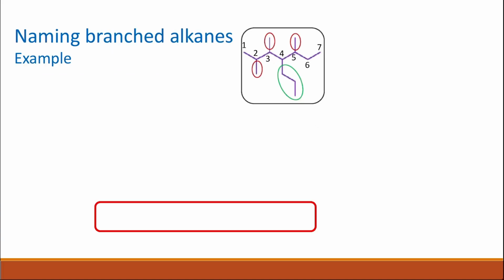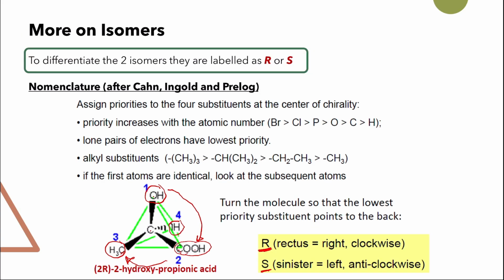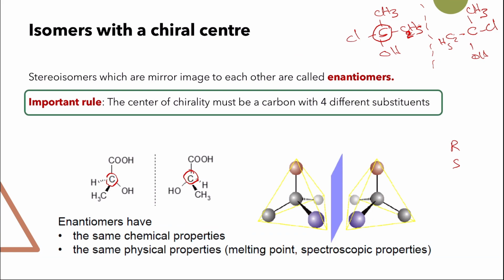So let's go back to this example, these two mirror images, the two enantiomers. Which one is going to be R and which one is going to be S? We know the priorities now: OH number one, carboxylic acid group two, methyl three and hydrogen four.